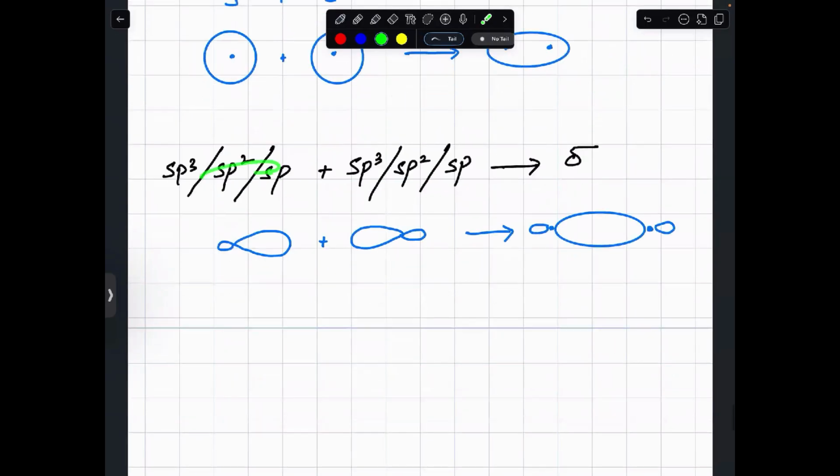When sp3 or sp2 overlap with any other, you draw this.